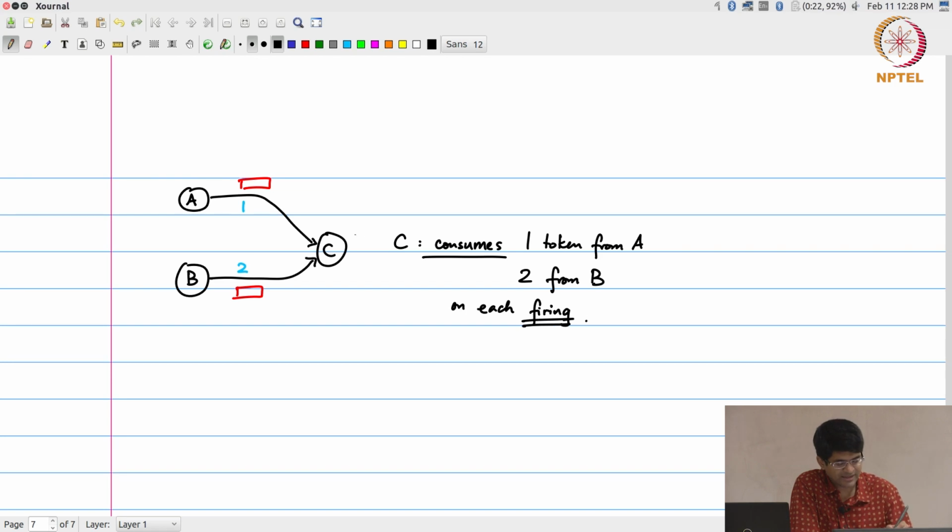And interestingly, I could also associate some other number with the output of C. Let's say that I put the number 4. In which case it produces 4 tokens on its output.